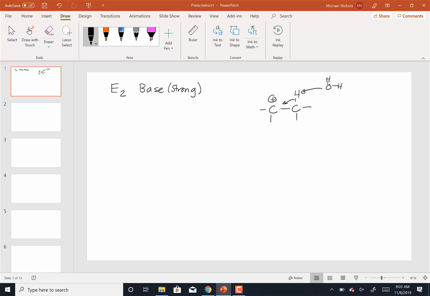I don't normally show anything coming in and getting the hydrogen because I don't want to leave the impression that this is actually what's causing the reaction to occur.